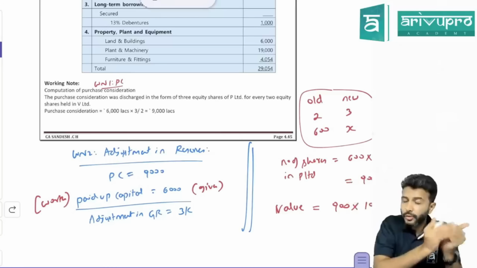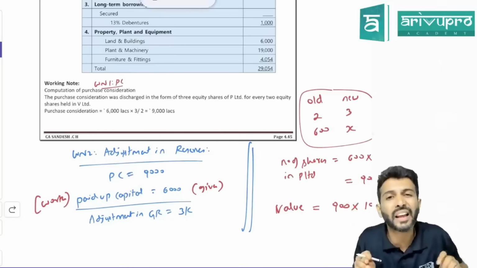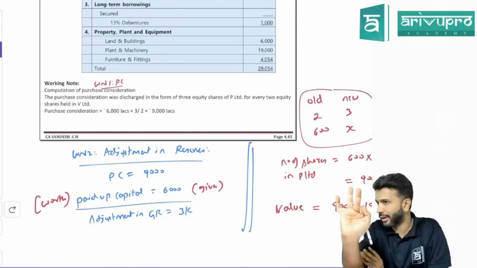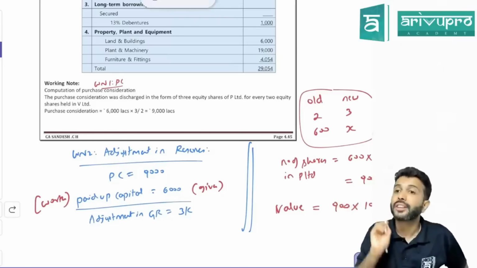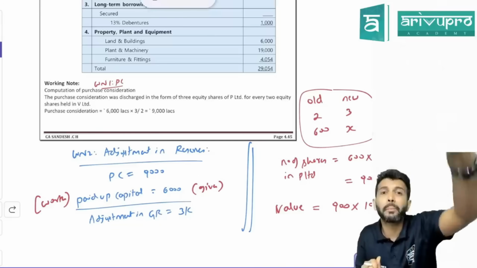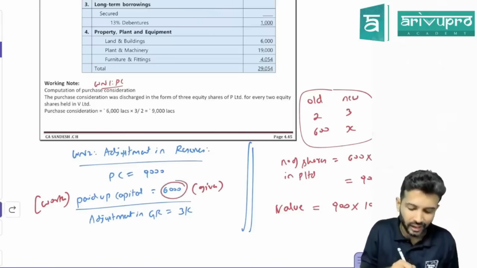Or if you want to decode it further, think of paid up capital as net worth under the merger method. It is not, but just for doing things correctly, you can assume like this. So worth is how much? 6,000. But how much PC was given? 9,000. So did the purchasing company pay more or less? They paid more. Instead of paying 6,000, they paid 9,000.